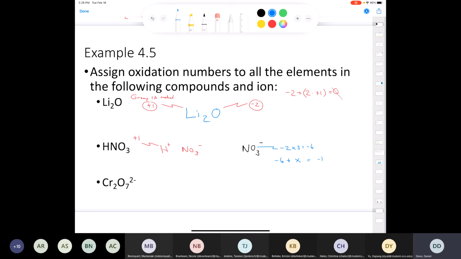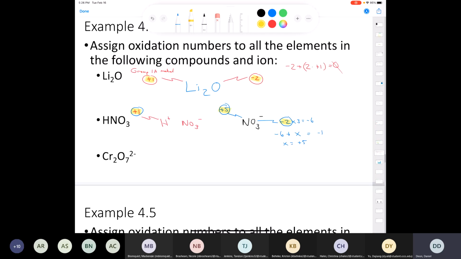So what would x be equal to? x would be equal to +5. So that means that my nitrogen is +5, and my oxygen is not -6, it's -2. So I have -2 for my oxygen, +5 for my nitrogen, and +1 for my proton. So here are the answers: +5, -2, and +1. For the first one, it was +1 and -2.